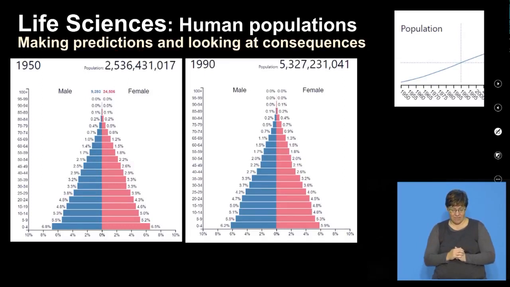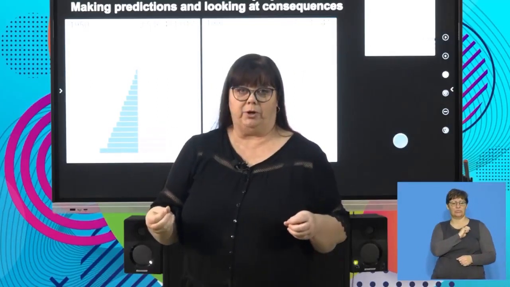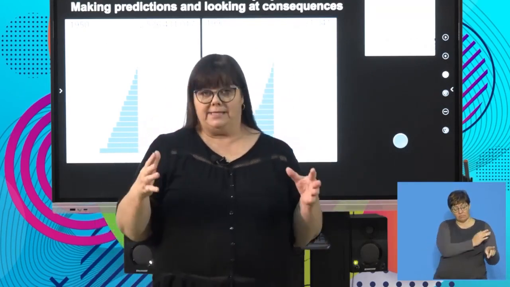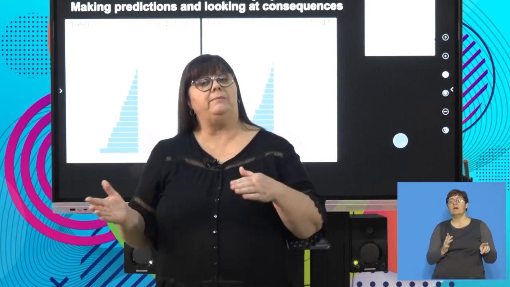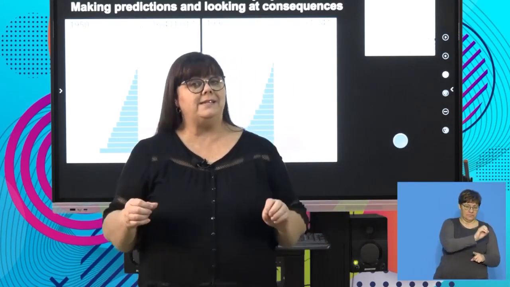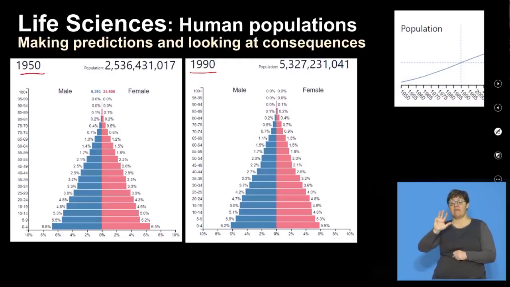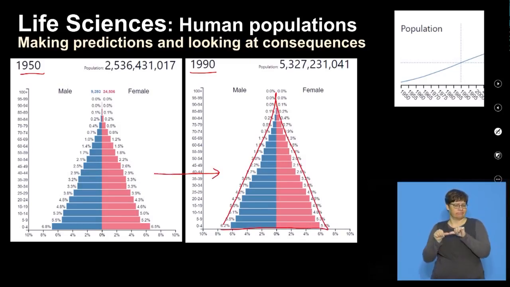So 1950, this was the graph that I originally showed you, that showed a definite expanding population pattern. By the time the South African population had moved from 1950, 40 years later, into 1990, we see the same kind of pattern. These two patterns are very, very similar.